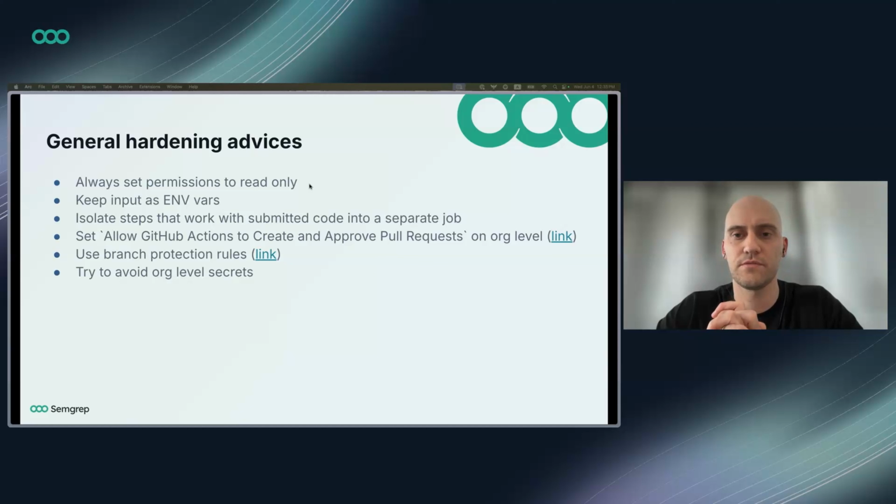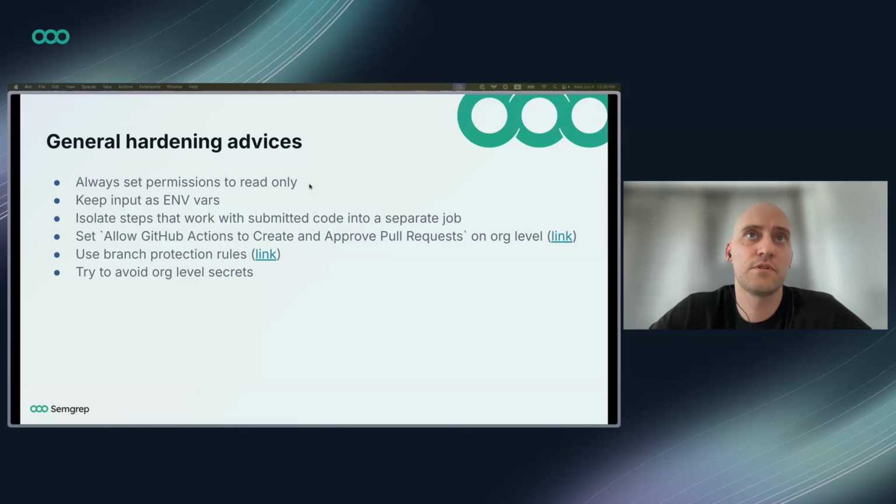It will mitigate a lot of risk. As we talked previously, try to keep the input inside environment variables instead of injecting it into string values of the parameters. Isolate steps that work with submitted code, like third-party code, into a separate job with minimal permissions.